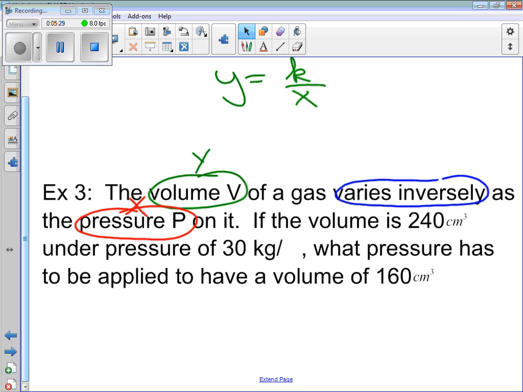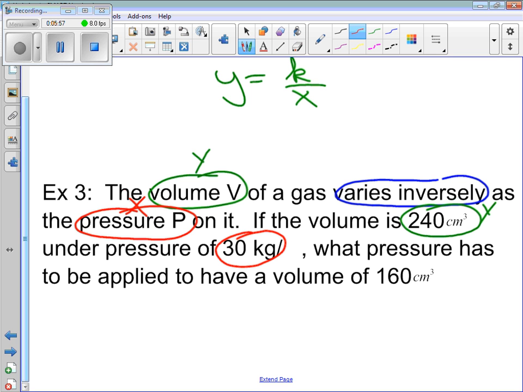There's always a first scenario that's going to help you find your constant. First scenario, if the volume is 240 centimeters cubed, so the volume is 240, that's your y. Under pressure of 30 kilograms, that is your P of pressure, which is your x.